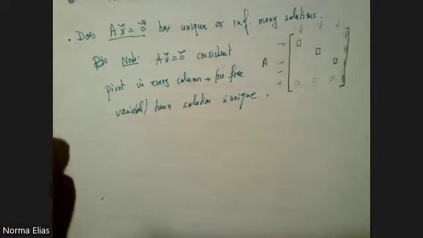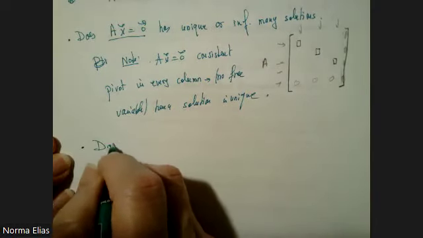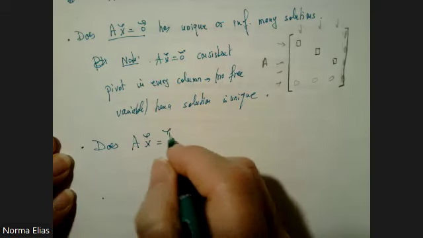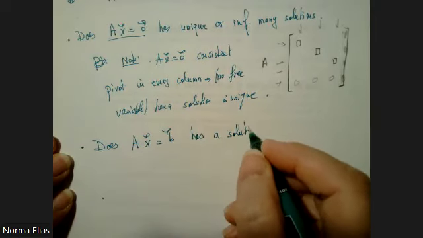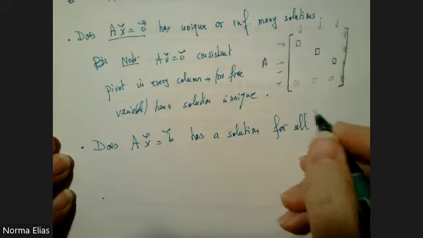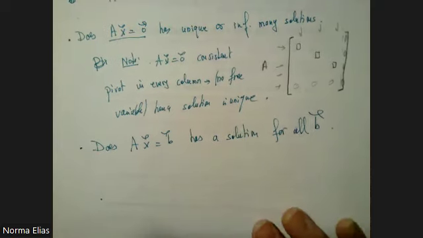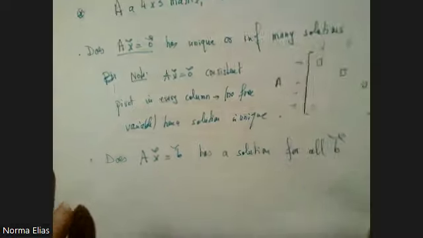All right. Question number 2 here is, does AX equal to B, with the same matrix, have a solution for all B? It means we always find a solution. A is the same matrix. It's a 4x3 with 3 pivots.